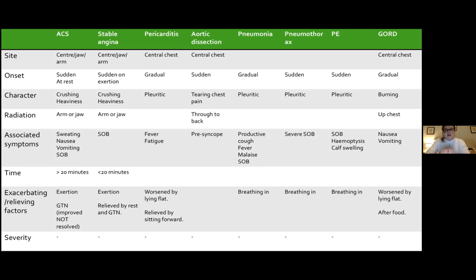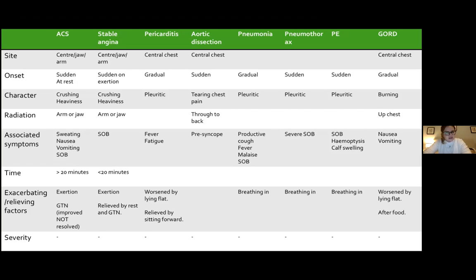Your tearing chest pain is indicative of an aortic dissection. Pleuritic is going to be more respiratory causes, but also pericarditis. So central pleuritic chest pain is pericarditis, not always, but most indicative of it. And then your crushing or your heaviness is going to be your ACS or your stable angina.